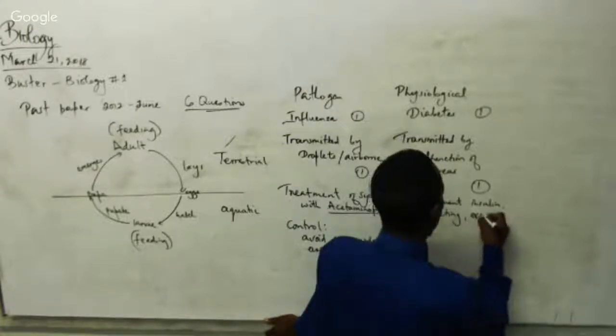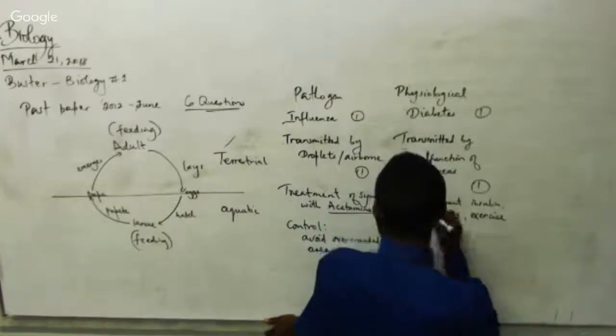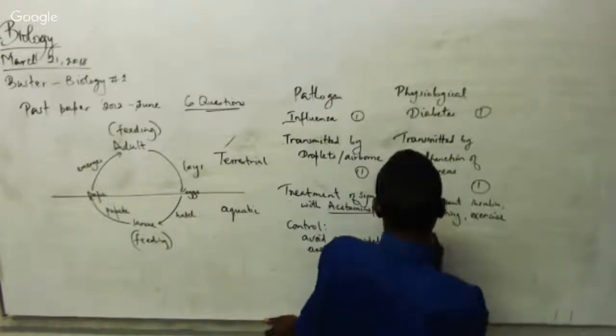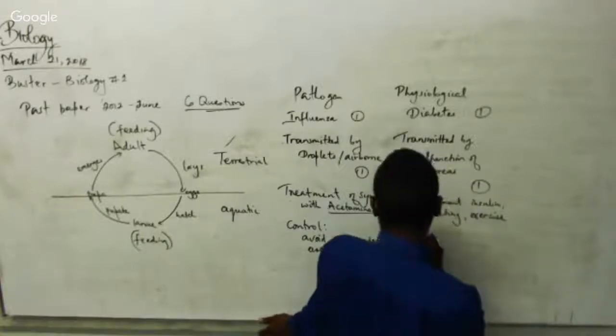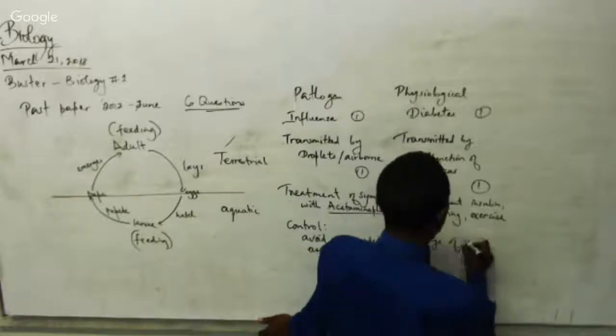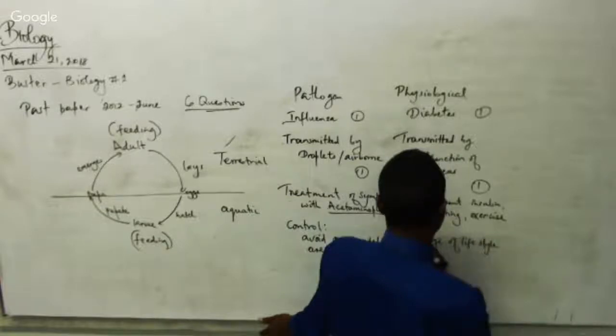Type 2 will be fixed by dieting. Type 1 you have to get insulin. Exercise. How do we control it? You can't really control diabetes. The treatment and the control come at the same thing. Change of lifestyle. Treatment and control is almost the same thing for diabetes.